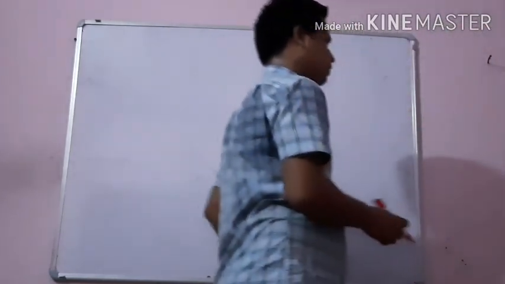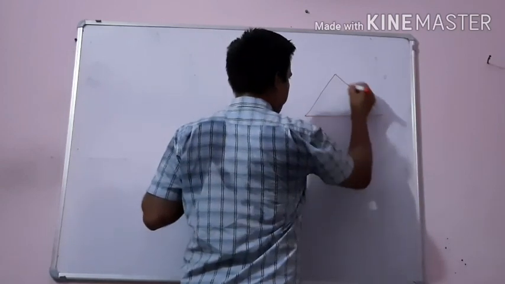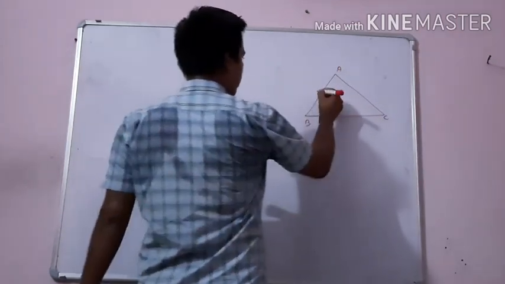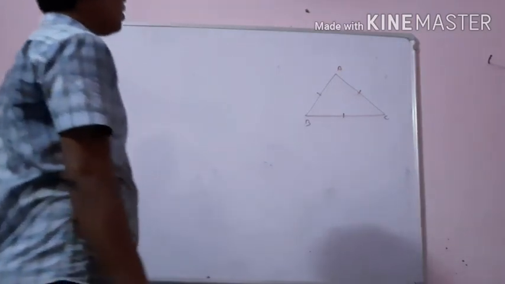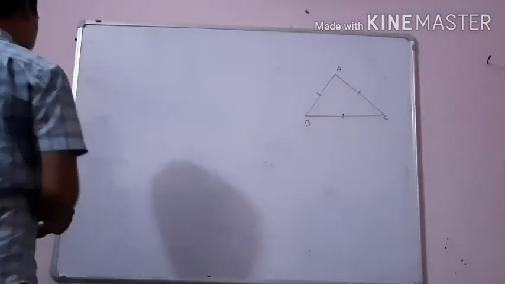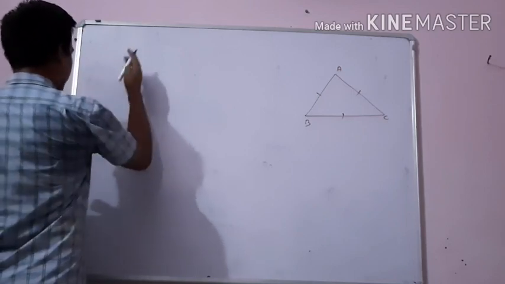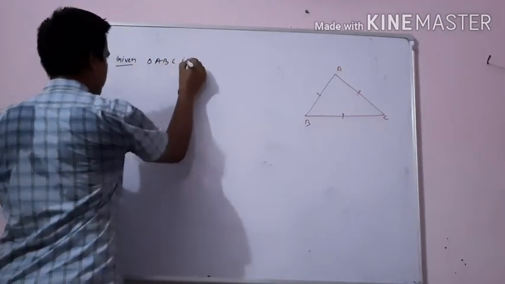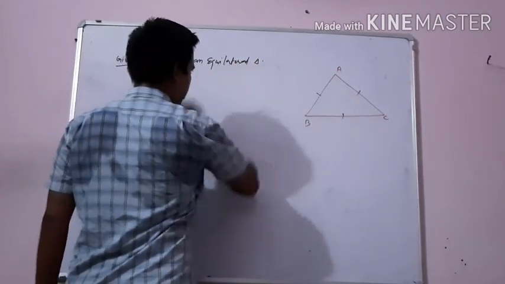So consider a triangle ABC in which AB equals BC, BC equals AC. Given: triangle ABC is an equilateral triangle.